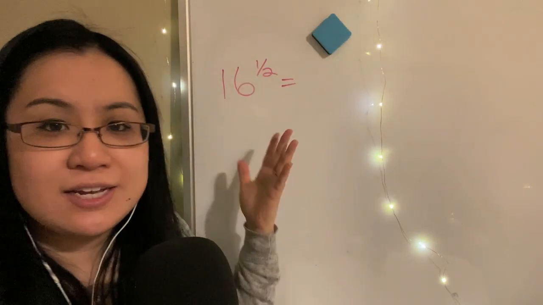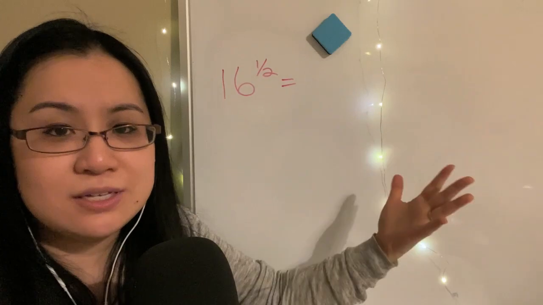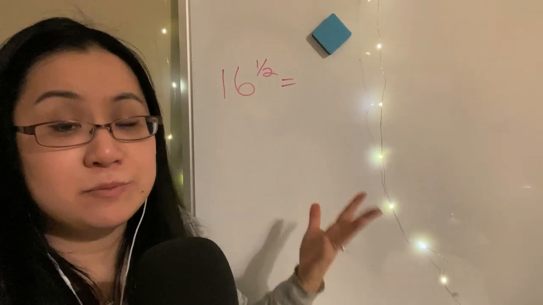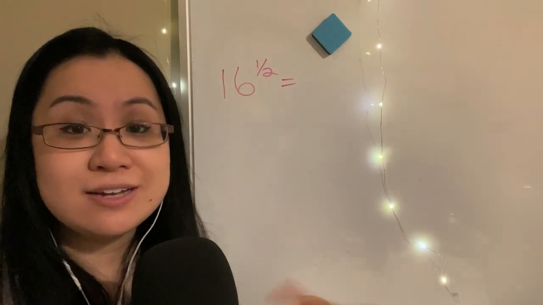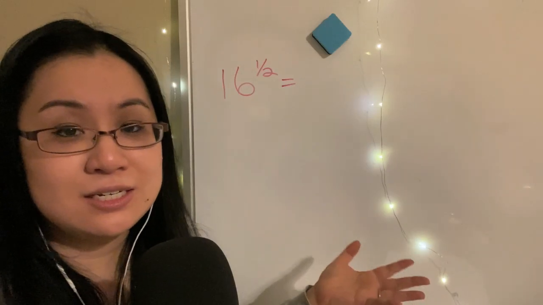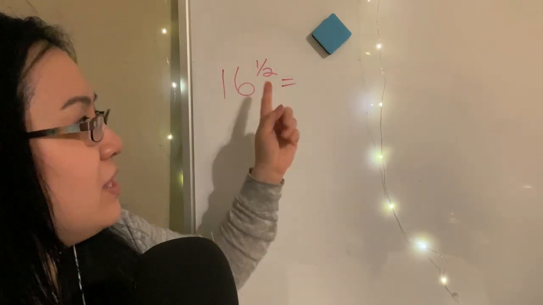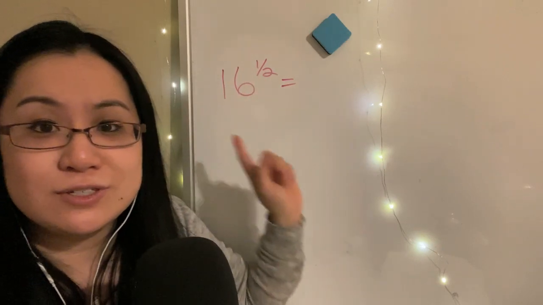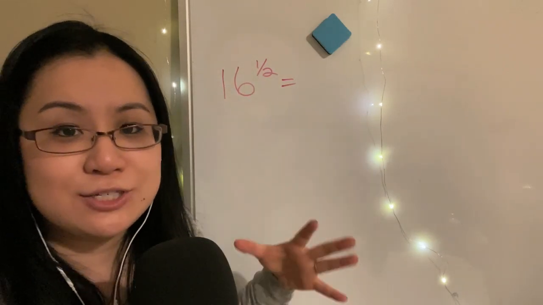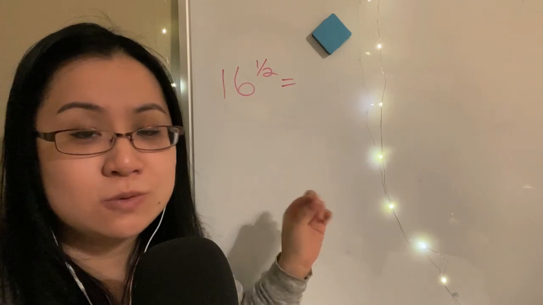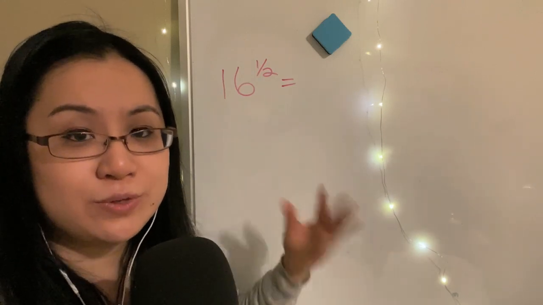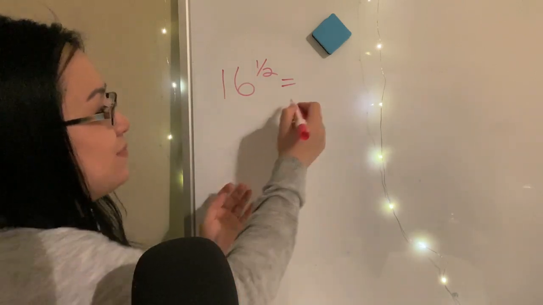So again, it's 16 times itself, but now we have a half number of times, which is not half of 16. It's just this weird idea. Now, if I have a 1/2, by definition, this is going to be equal to the square root of 16.